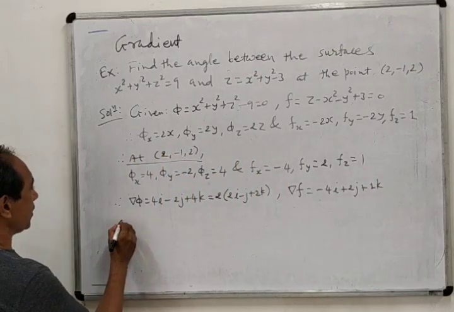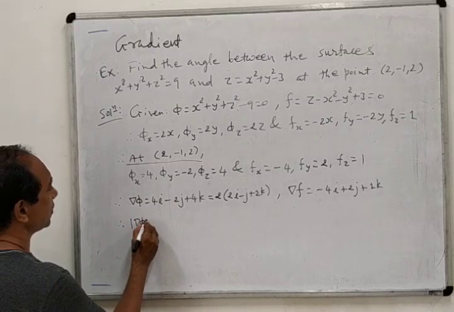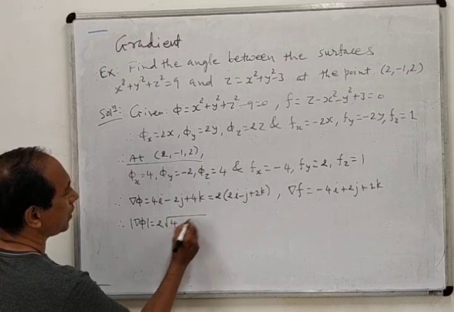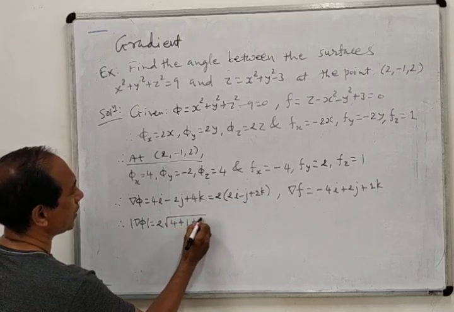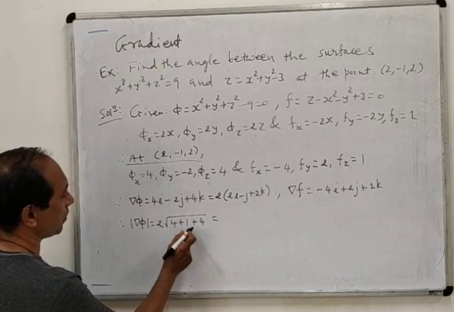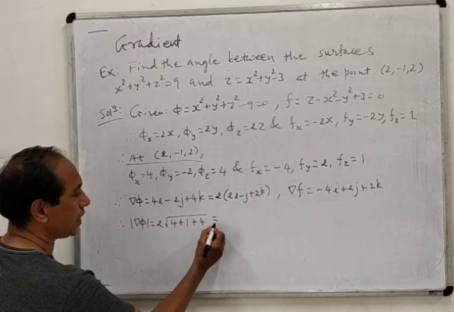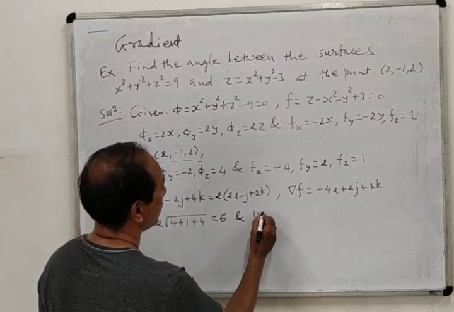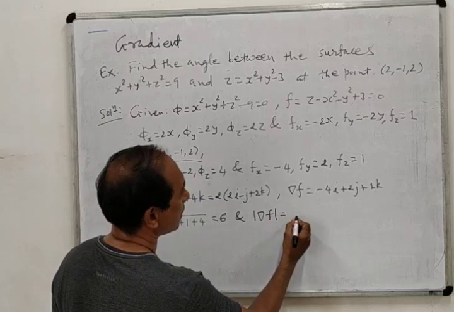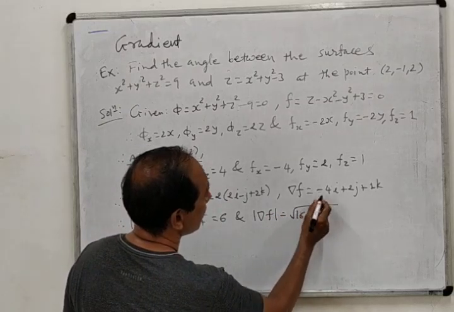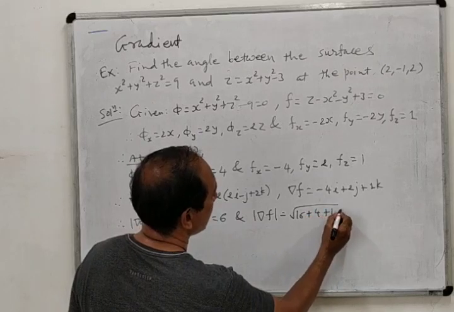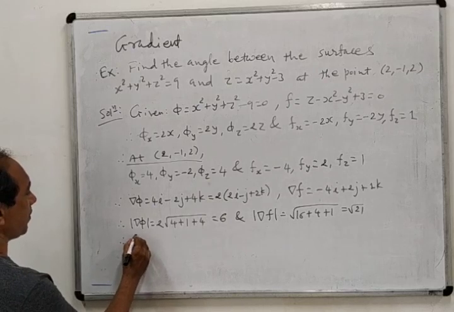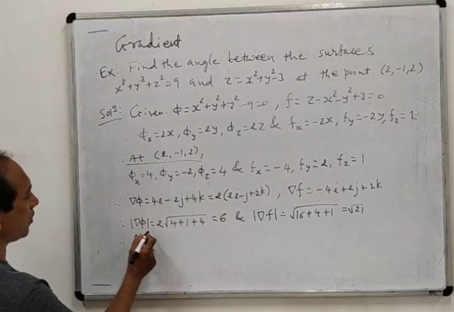Now we will find out their magnitude. Gradient phi, magnitude of this one is what? 2 into square root of 4 plus minus 1 square plus 2 square, so 1. So it is 4 plus 1 plus 4, 9, so square root of 9 is 3. So 3 twos are 6. And here magnitude of gradient f is square root of 16 plus 4 plus 1. So this is square root of 21. And therefore we have n1 cap equal to gradient phi divided by modulus gradient phi.